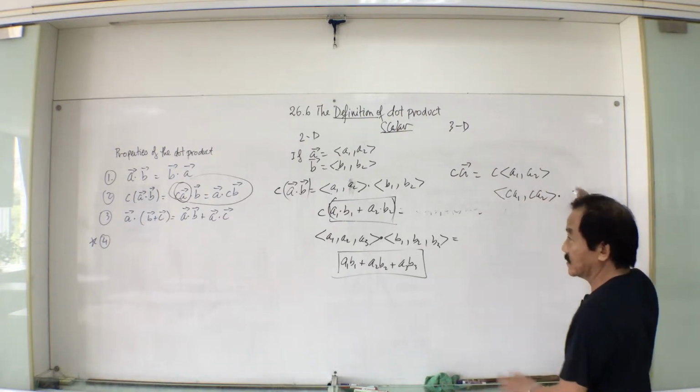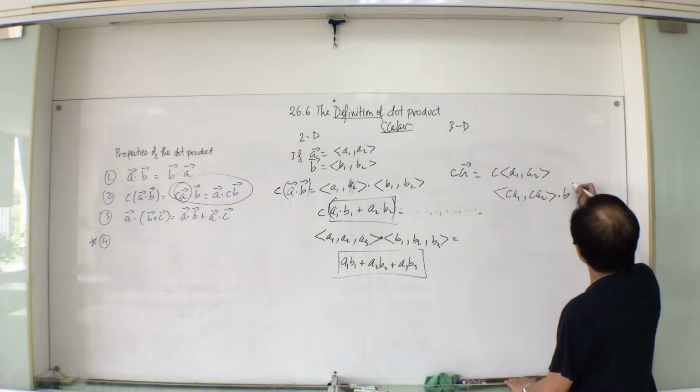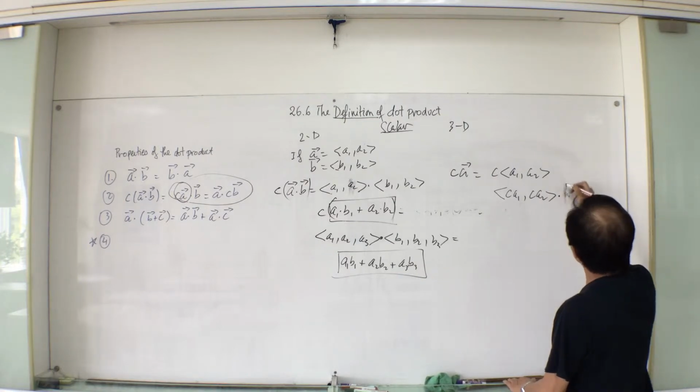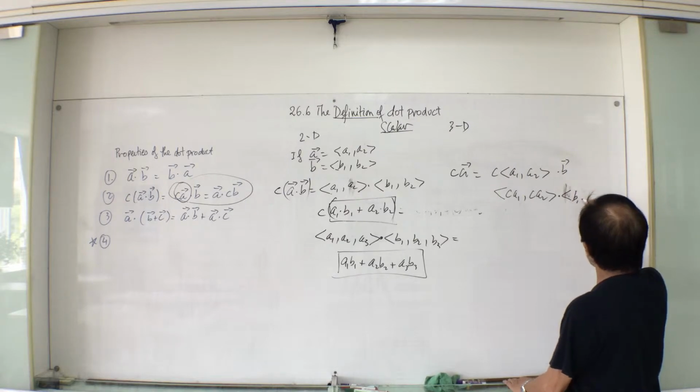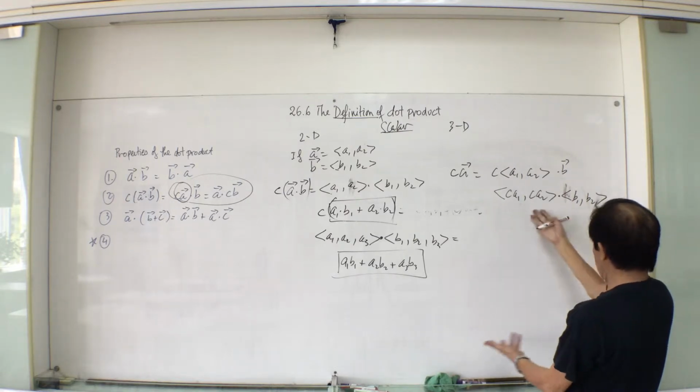Now you dot with B, which means you dot with (B1, B2). After you dot, it comes out to be a number.